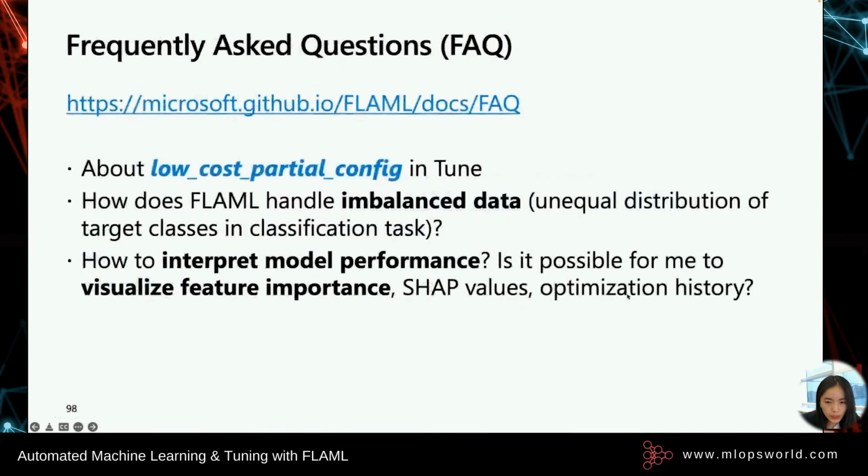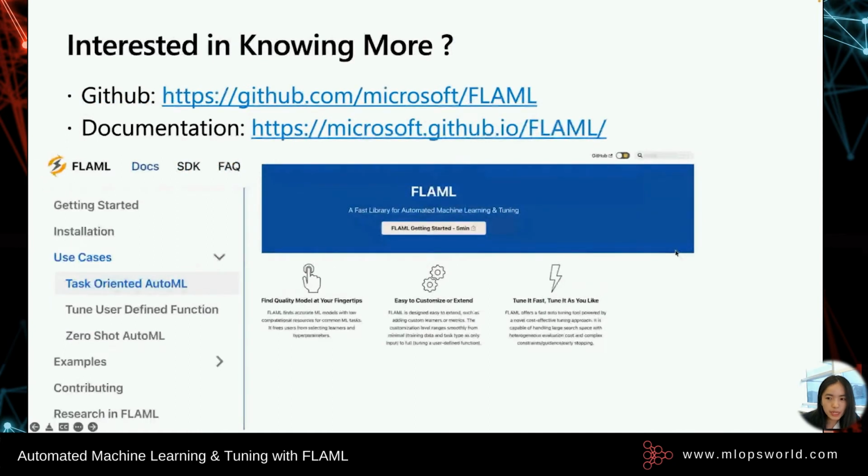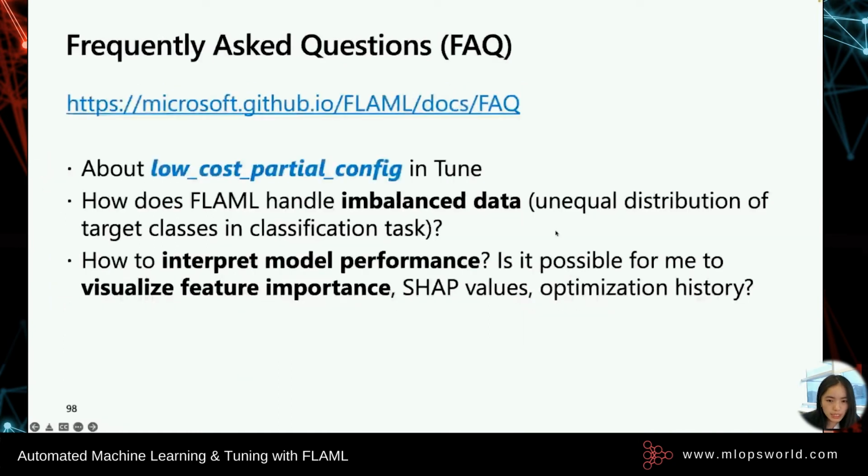In addition, you can also find a frequently asked questions section in the documentation set. This page includes some detailed explanations on some of the frequently asked questions, for example, questions about the low-cost partial config, imbalanced data, and the model performance interpretation.